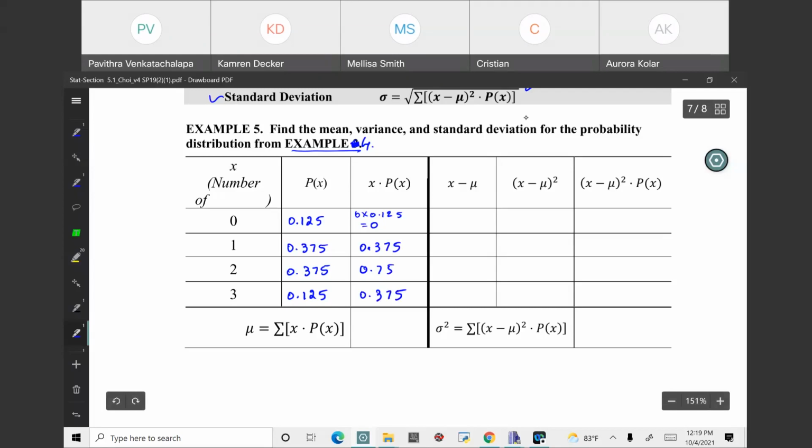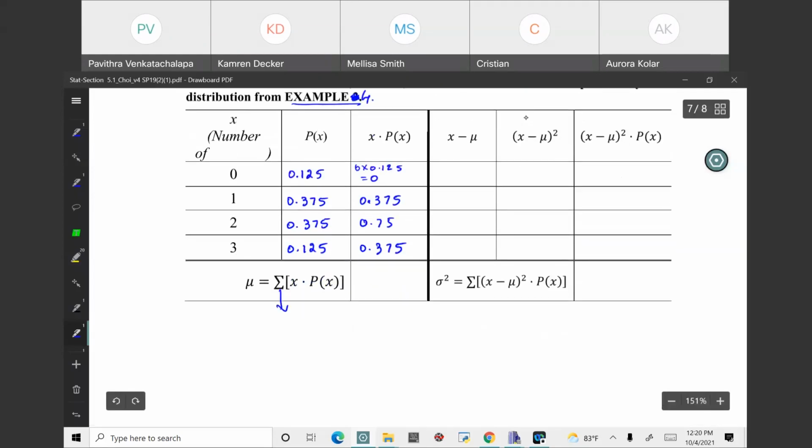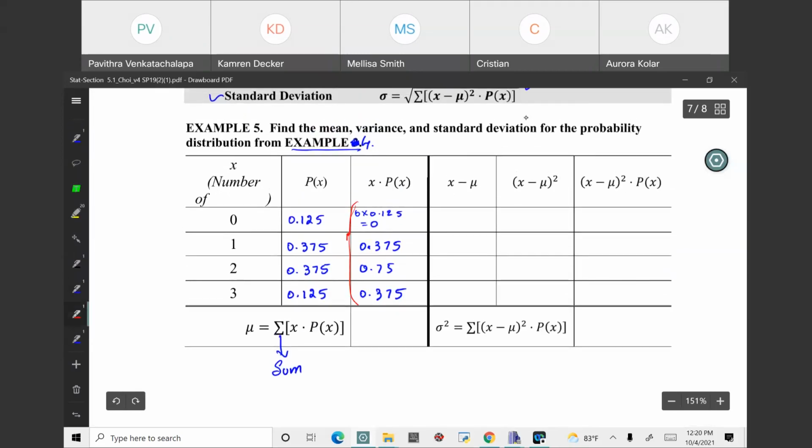Okay. Now, what does the summation symbol mean? What does this mean? Sum. Very good. Sum. That means you're supposed to add all these values. Okay.